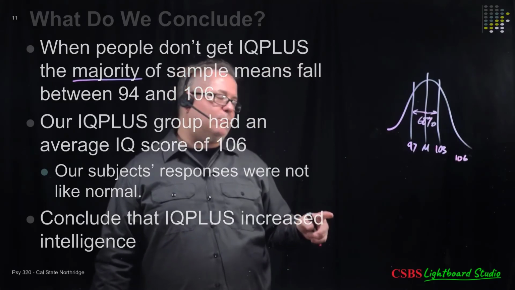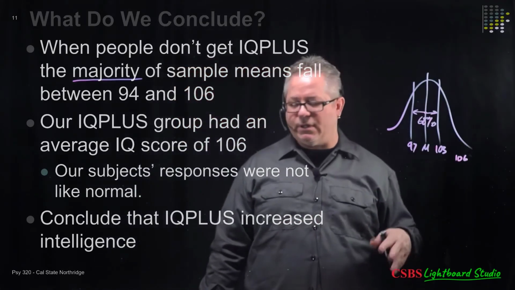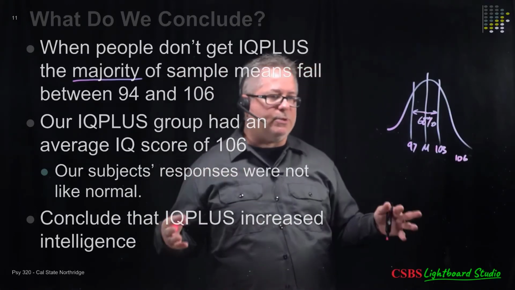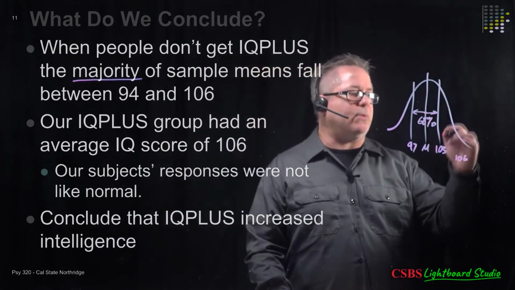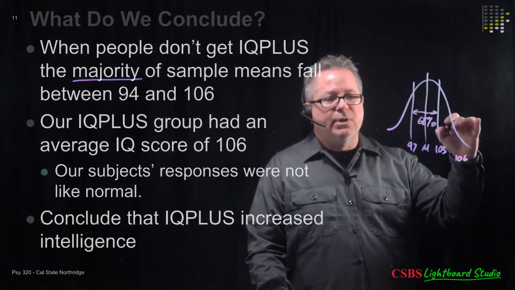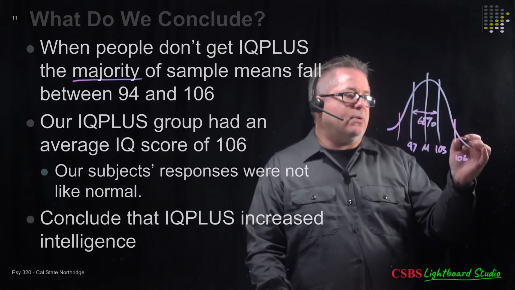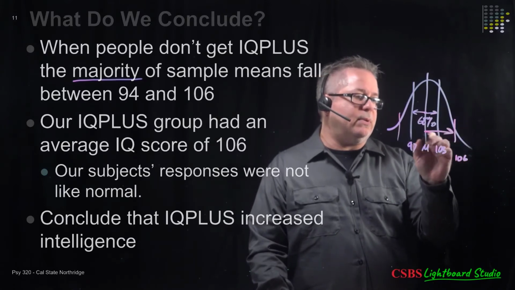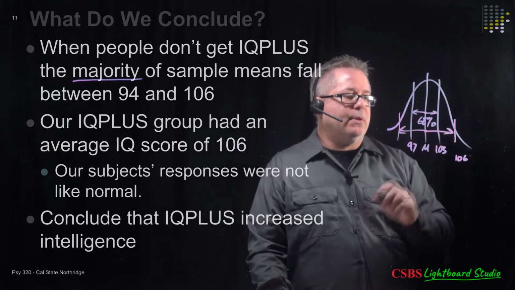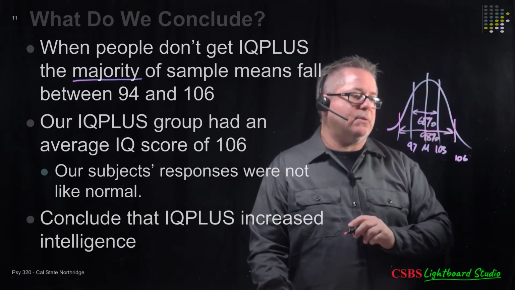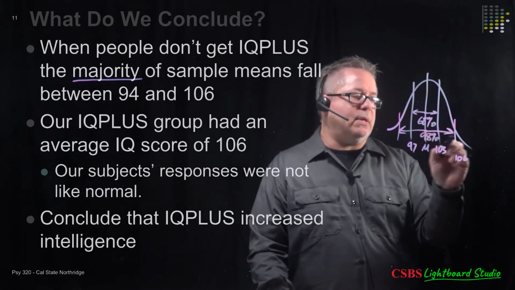But people aren't comfortable with just a 68% or a 70% majority, so we go even further. We want to be a little more strict about what we mean by the majority. So if we go to another standard deviation, the distance from here to here is, say, 98%.